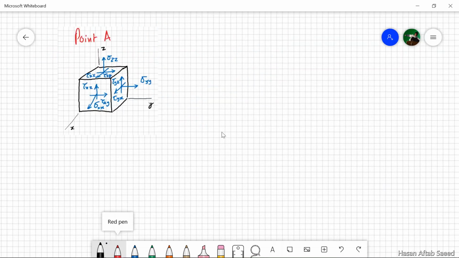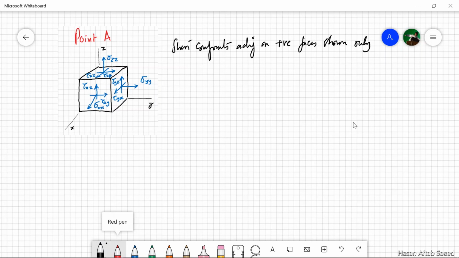It is often convenient to show the stress components at a point graphically on a cube in this way. Note that to avoid clutter, only the stress components on the positive faces have been shown. There would be equivalent stresses on the negative faces too. Also note that according to our sign convention, all components shown are positive.